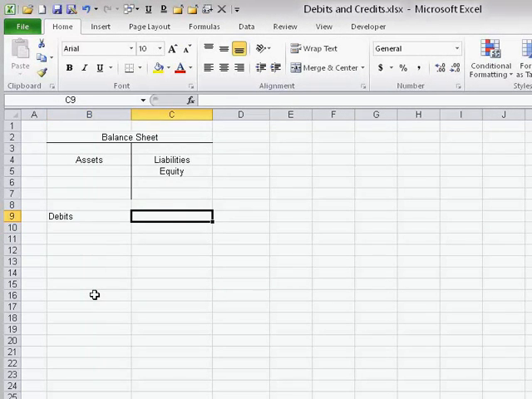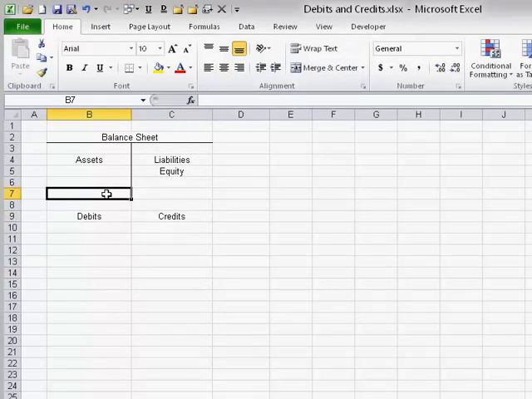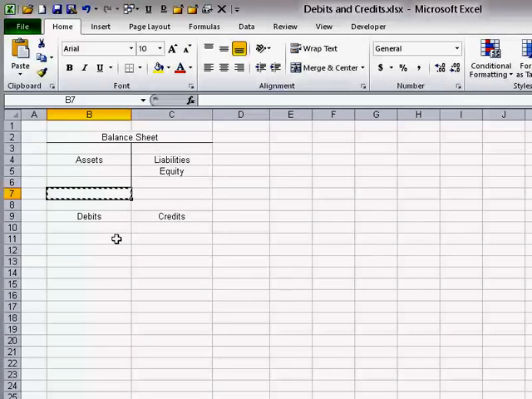We'll put liabilities and equity on the right side, just how it appears on the right side of a balance sheet, and we'll call these credits. Now, let me center that, and we can continue to talk about this a little bit.